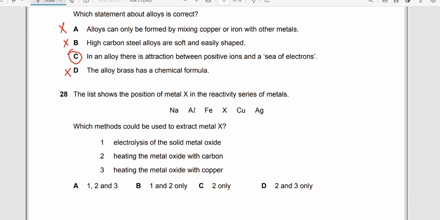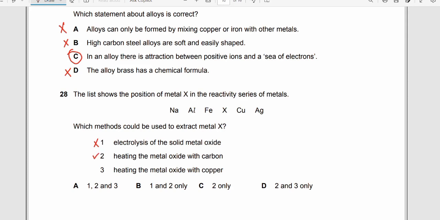We have to see here that up to aluminium we can separate by electrolysis; after aluminium, those are not extracted by electrolysis. Iron we separate by reduction with carbon. It is below iron, so that's why it is also reduction with carbon. Heating the metal oxide with carbon, yes, this is possible, this is okay.